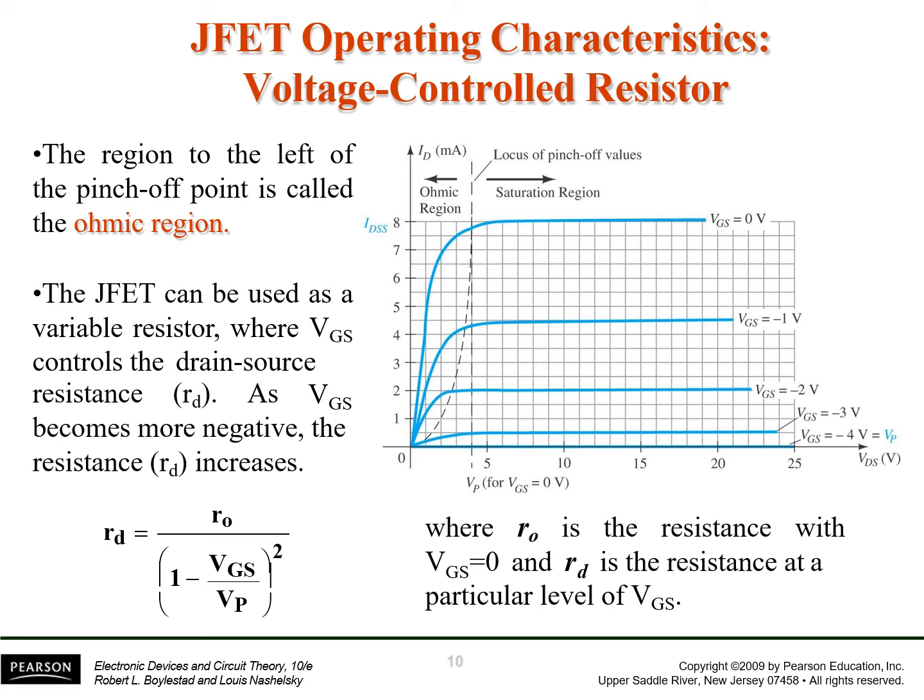The region to the left of the pinch off point is called the ohmic region, because in this case, as we increase the voltage between the drain and the source, the current increases. But after this particular value of VP, the current remains saturated at that particular point.